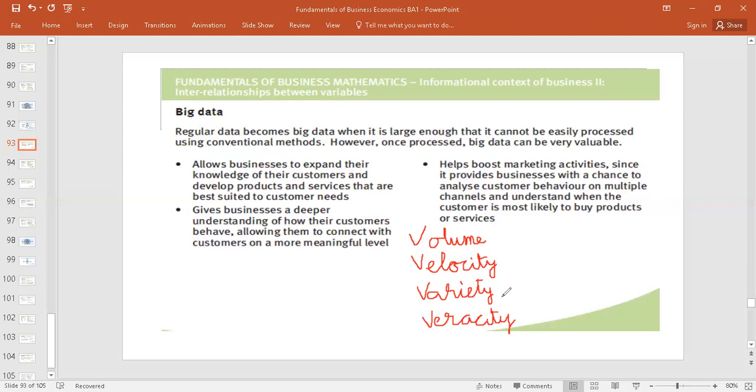It allows businesses to expand their knowledge of their customers and develop products and services that are best suited to customer needs. It gives businesses a deeper understanding of how their customers behave, allowing them to connect with customers on a more meaningful level. Then it says it helps boost marketing activities since it provides businesses with a chance to analyze customer behavior. That's what is happening.